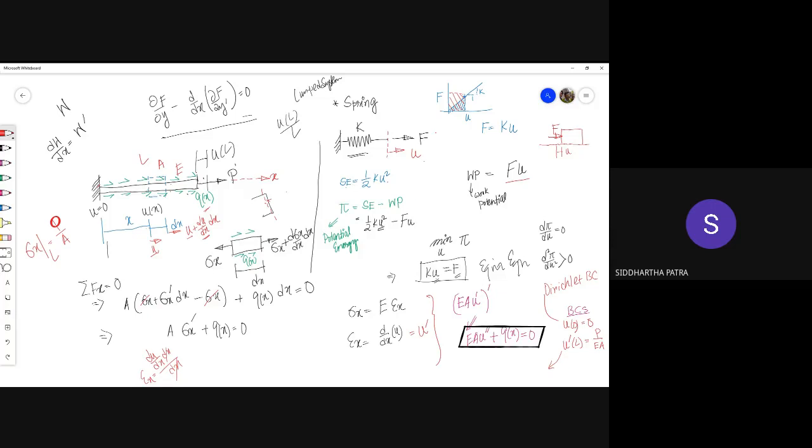That means normal to this face is x. So with respect to the normal derivative of u, okay. So on the left hand side, the boundary condition is directly on u. On the right hand side, it is on the normal derivative. This type of boundary conditions are called Neumann boundary condition.